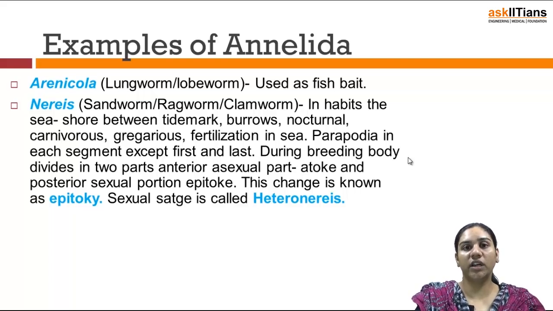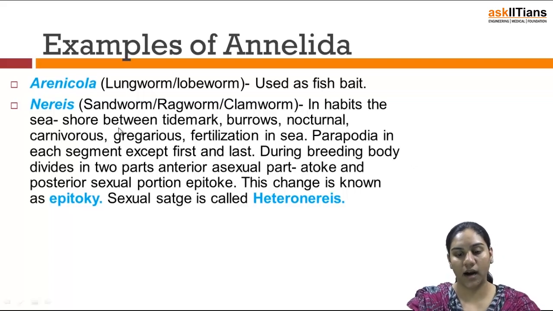During breeding, the body of a Nereis is divided into two parts. The anterior part, which is the asexual part, is known as the etoke, and the posterior part, which is the sexual part, is known as the epitoke.